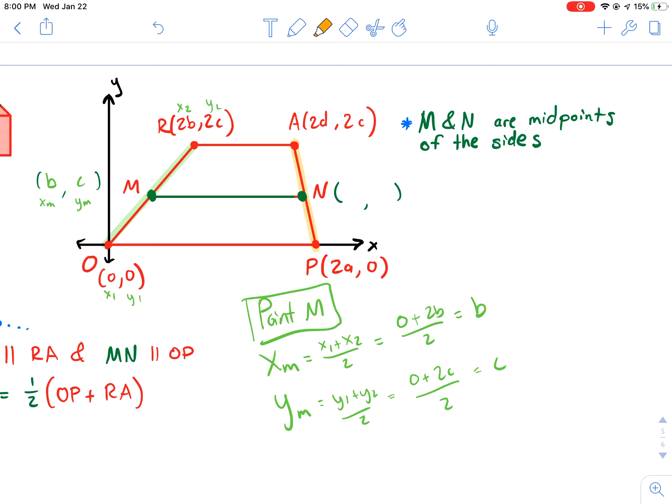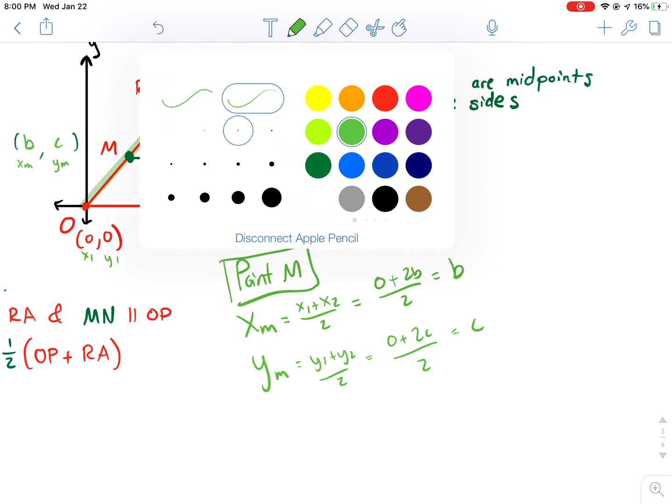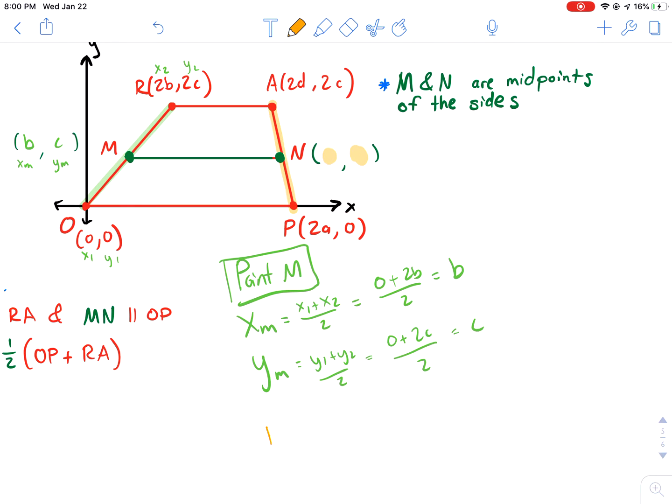So there is our segment AP with N as the midpoint, and that will help us with these two values here. So for point N, we have a different task.